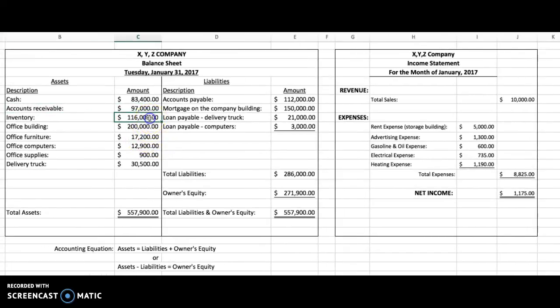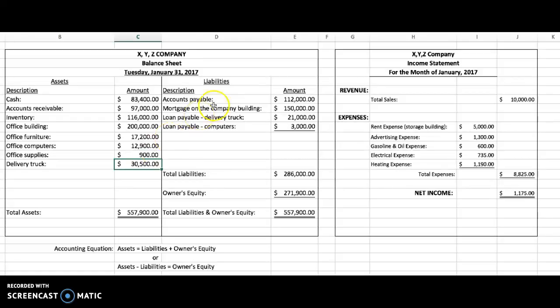We have inventory. These are the things we will sell. We have $116,000 in value as far as inventory, and that is money that we hope to gain, things that we hope to sell, but we haven't done it yet. So inventory on hand is not sold yet, but it is an asset. We have something of value. We own an office building. We have some office furniture, computers, supplies, and a delivery truck.